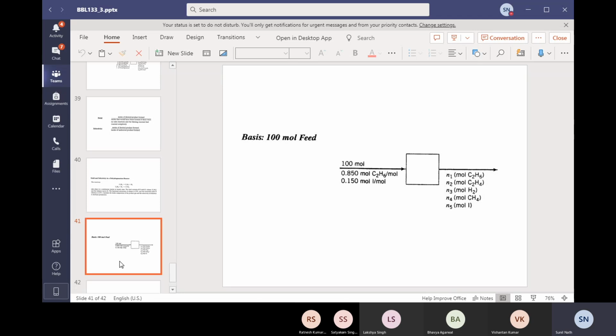Now, what we need to do next week, one, we want to extend this notion of yield based on feed, yield based on limiting reactant consumed, and selectivity to combustion reactions, which may have more than one reaction in principle, 2, 3, 4, depending on incomplete combustion and what the byproduct reactions are. I think that is also fairly straightforward. I'm sure you will be able to do it.